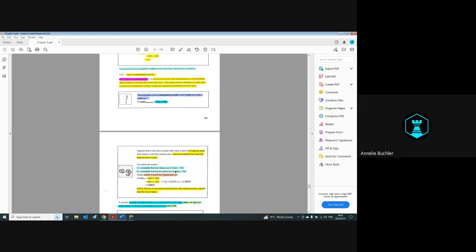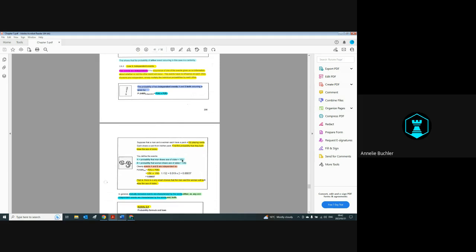Okay, let's look at the example. A man and a woman each have a pack of 52 playing cards. Find the probability that they will both draw the ace of clubs. For A, there are 52 playing cards, so the probability is 1 out of 52.